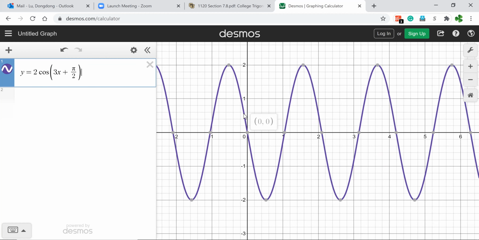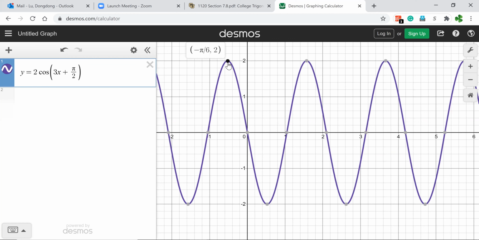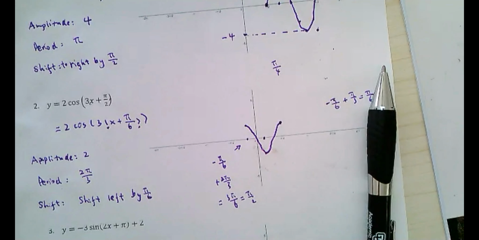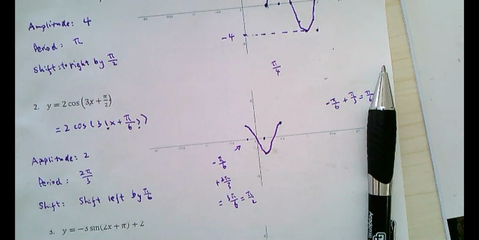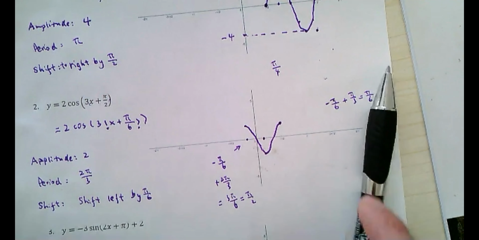Okay, so that's where it looks like from our drawing, from here to here. Compared to what we drew, they're not exactly the same because my handwriting is so ugly. But you see, the shape is the same already. Okay, any question before we continue?